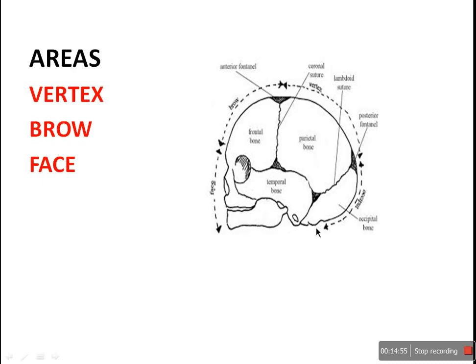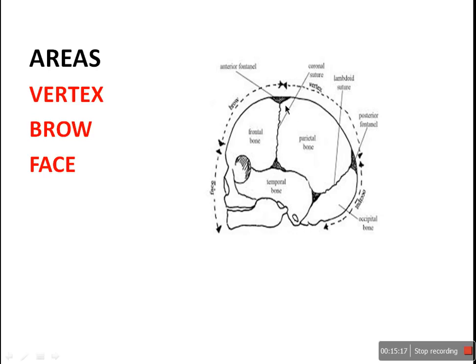Next we can see the areas. Areas means the entire skull can be divided into different areas. The first one is the vertex. The vertex is from the bregma. Bregma, I told you, is the anterior fontanelle. The other name of bregma is anterior fontanelle.